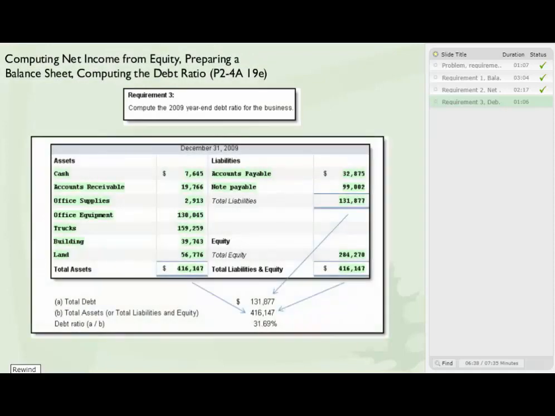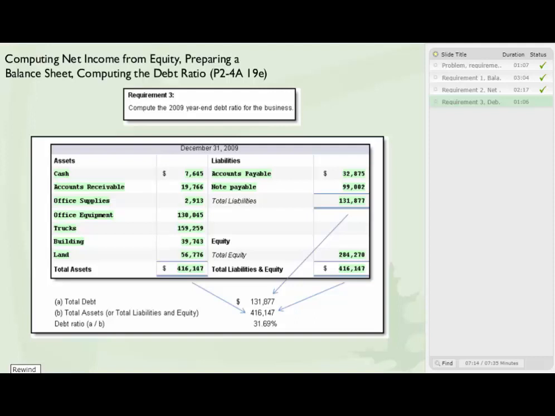Requirement 3 asks us to compute the 2009 year-end debt ratio for the business. Here's the December 31st, 2009 balance sheet that we previously calculated, and down at the bottom you see how we calculate the debt ratio. We take total debt, which is $131,877, and you can follow the blue line to see where I'm getting it from on the balance sheet, and then we divide it by total assets or total liabilities and equity, since the dollar amounts are always the same, and that comes out to be $416,147.